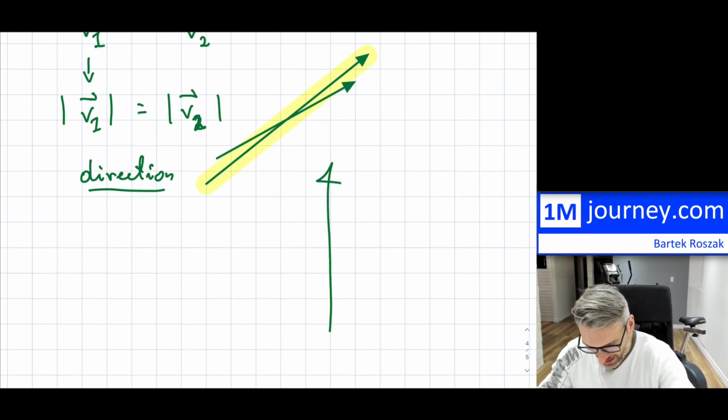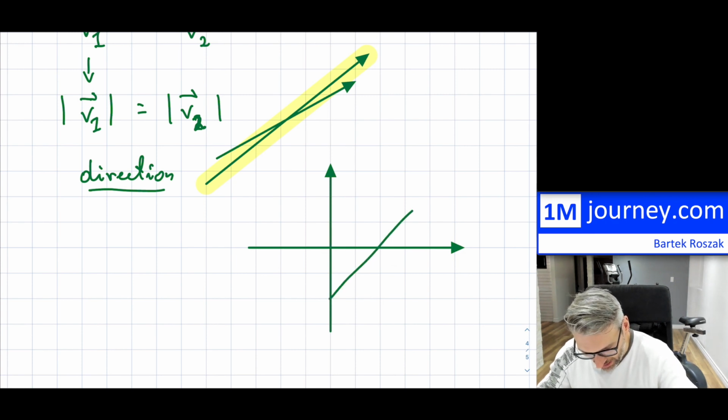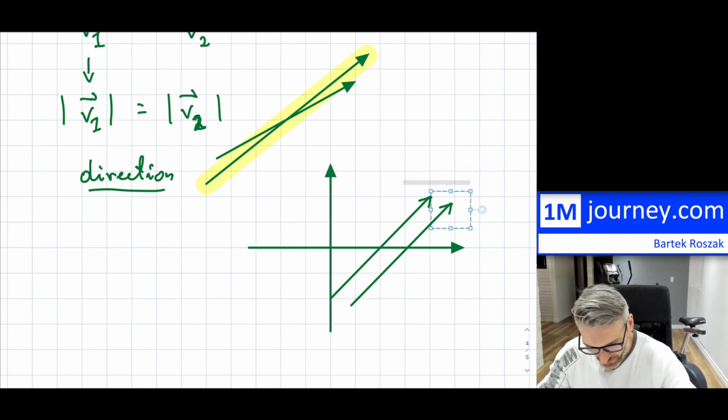What I mean by that is, if I draw an xy plane to illustrate this, let's say I have one vector like this, going in this direction. Now my second vector, I'm going to duplicate it.